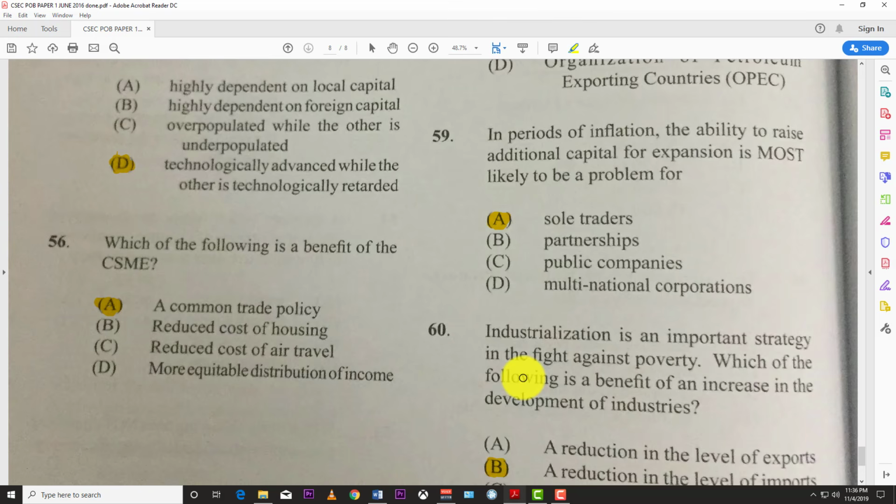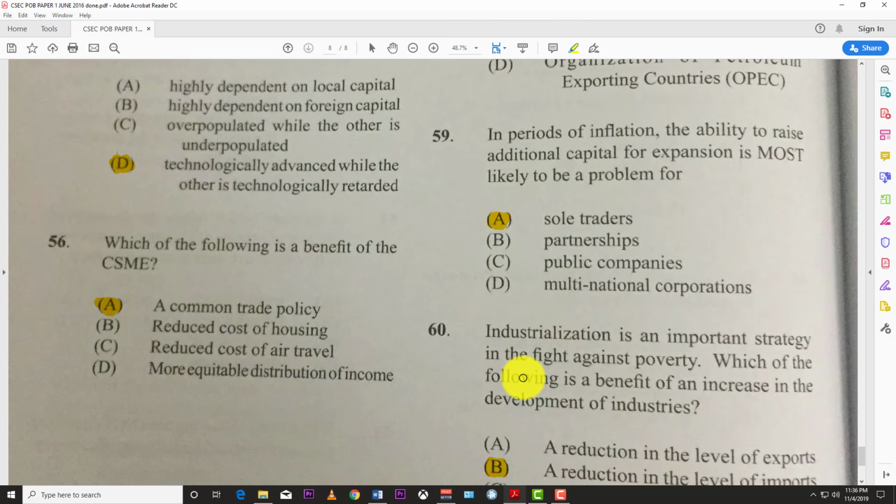That's one of the problems with sole tradership, that you cannot really raise income as efficiently as the other types of businesses, because partnerships, public companies, multinationals have different people they can tap into for raising capital.